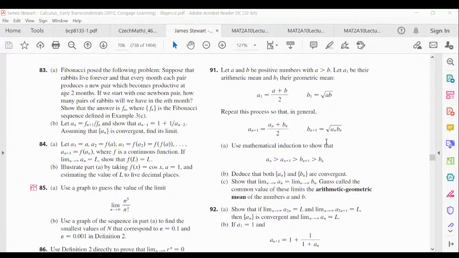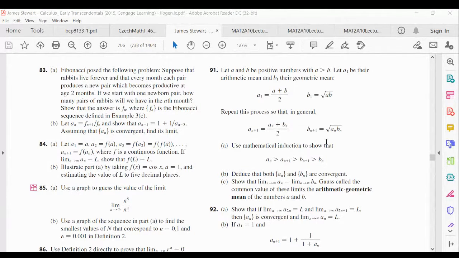Let's go up to 5. So the way to do this is do it for the first few, maybe go up to 8. Do it for the first few numbers.